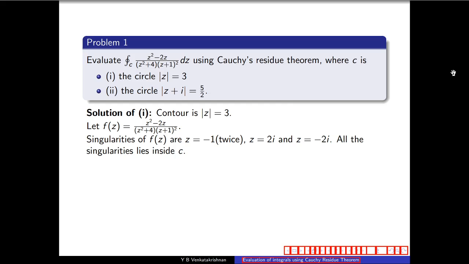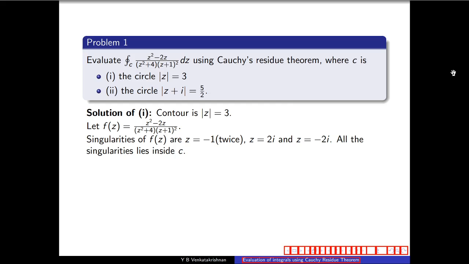So using the theorem, we will calculate the value of this integral, namely integral over C of (z squared minus 2z) divided by (z squared plus 4) into (z plus 1) the whole squared.